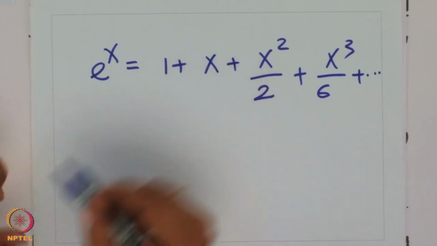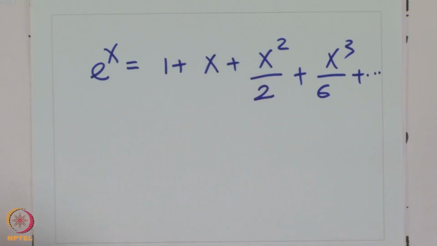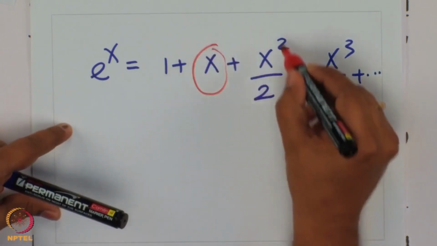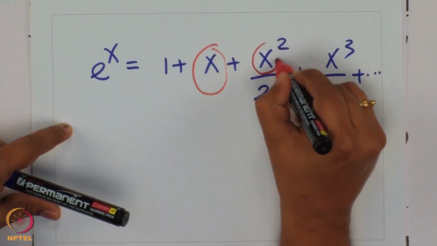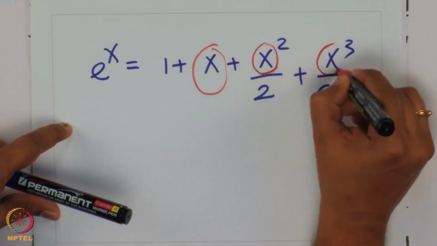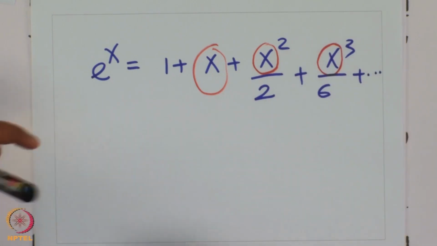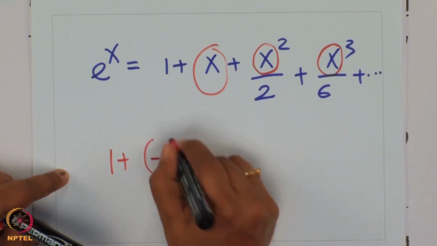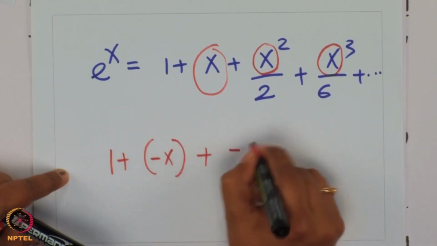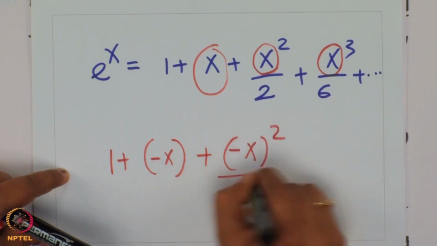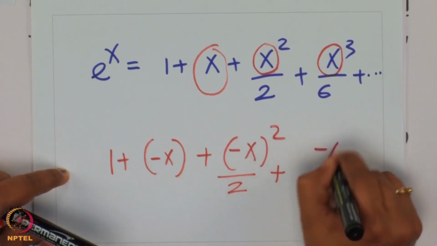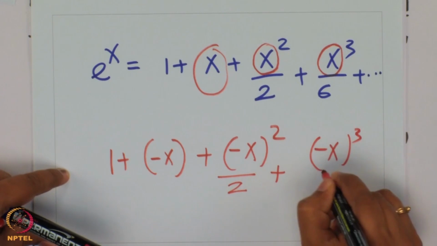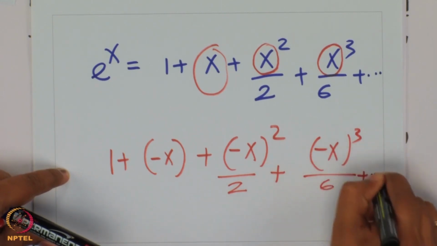Now instead of this x, we substitute minus x. So wherever there is an x, there we will put minus x. Then we would get 1 plus minus x plus minus x square by 2 plus minus x cubed by 6 dot dot dot.